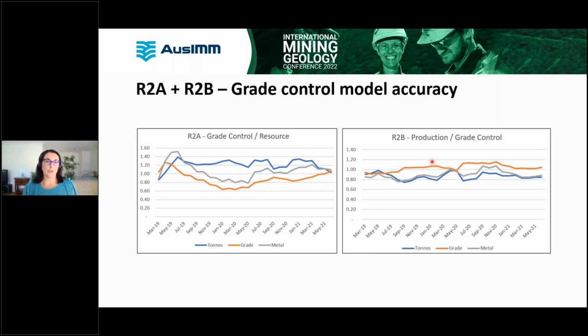And I hope that this shows you that by breaking down that R2, we're actually getting a little bit of a different story. So if you join them back together again, you get some discrepancies, but this will help understand what's actually happening. And so we did go back to Torrex and we asked them what had changed, and they did give us some feedback, and I'll share that with you shortly.